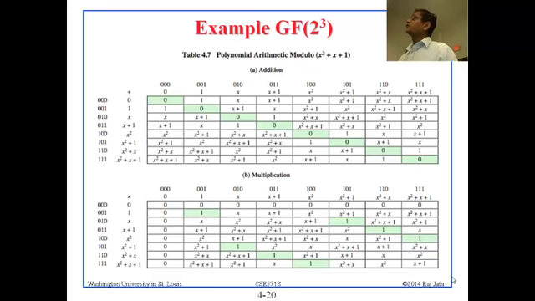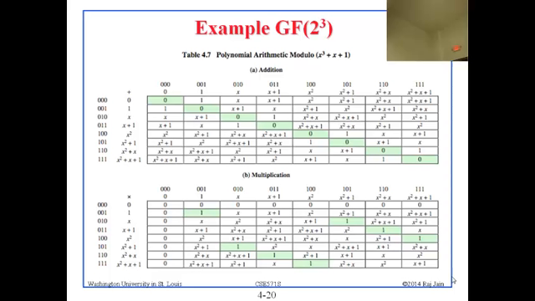So when you get x raised to 4, that's a good thing that I did this right here, so I can now explain to you how we come to this answer. So we want to multiply x squared by x squared. Okay, so we get x4, so that's fine. But what is x4? The thing is, our polynomial is x cubed plus x plus 1, so nothing can be more than x cubed.